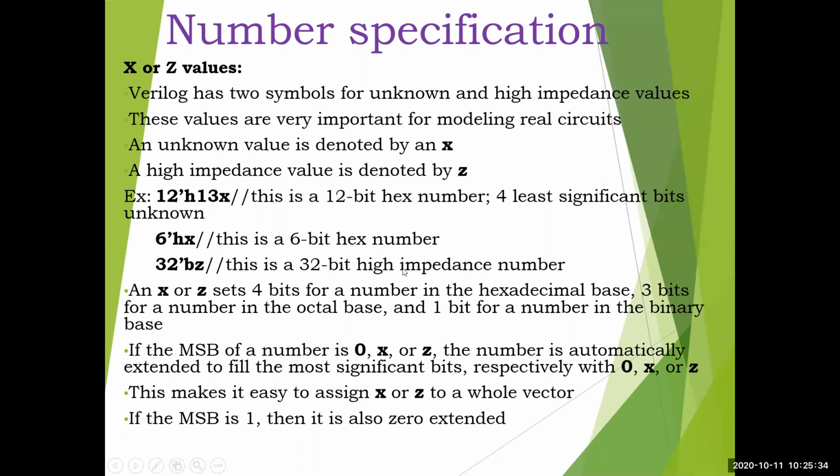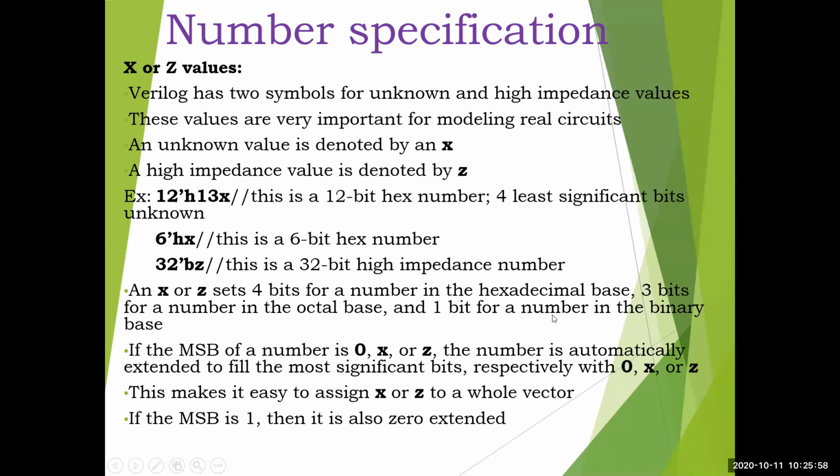Here this is a 32-bit high impedance number. Z will be written like that. So this is the third variety in number specification. An X or Z sets 4 bits for a number in the hexadecimal base, 3 bits for a number in the octal base, and 1 bit for a number in the binary base.